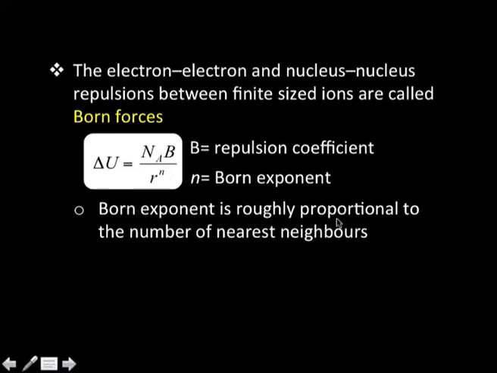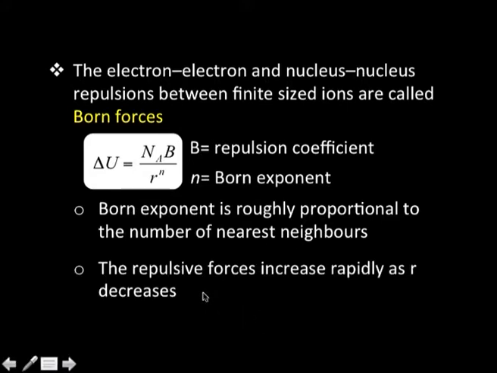Now, n is very important here. The Born exponent is roughly proportional to the number of nearest neighbors. In the case of NaCl, we have 6 of them or 8 of them, whatever it is. Further, the repulsive force, this delta U, increases rapidly as r decreases.